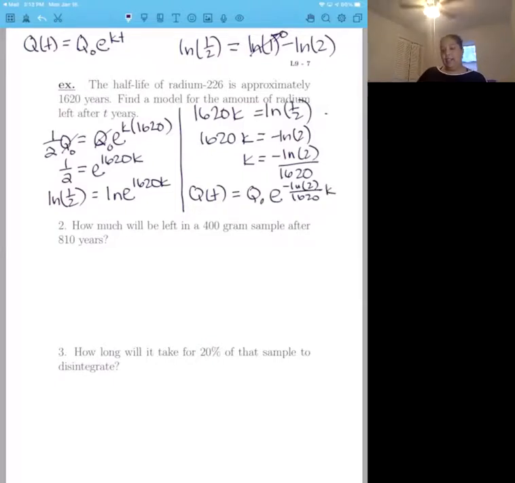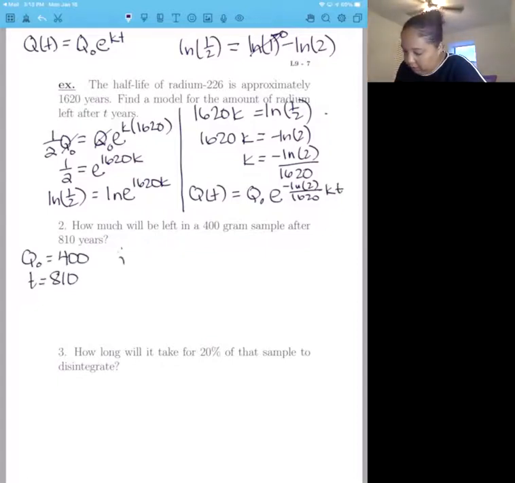It asks how much will be left in a 400-gram sample after 810 years. So I'm given an initial amount of 400 and my time is 810 years. I can plug in Q naught, and oops, I forgot my t here, and I can plug in my time t.